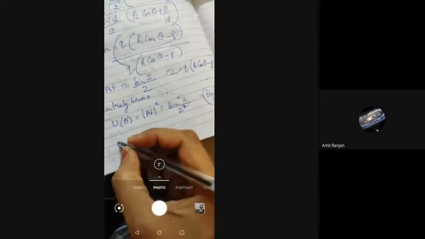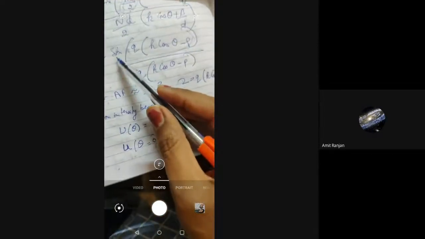Now if we consider the condition where theta is 0, what will be the reduced expression? Putting theta equals 0, cos 0 is 1, so q k cos theta minus p reduces to q k minus p, with a square.